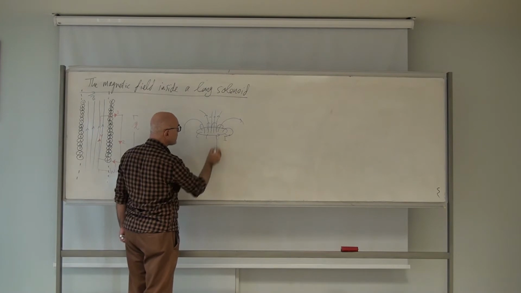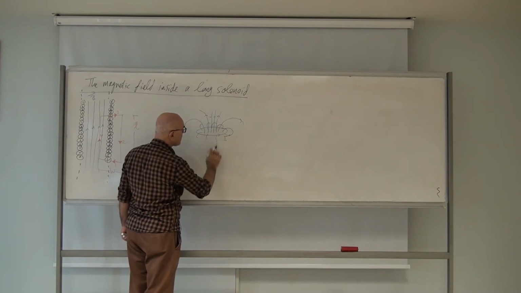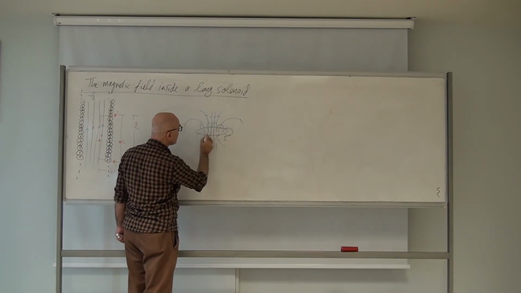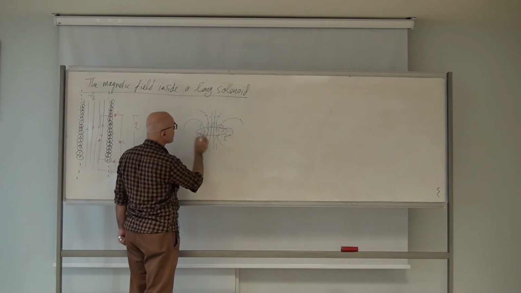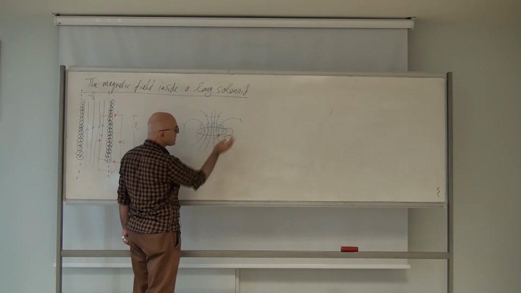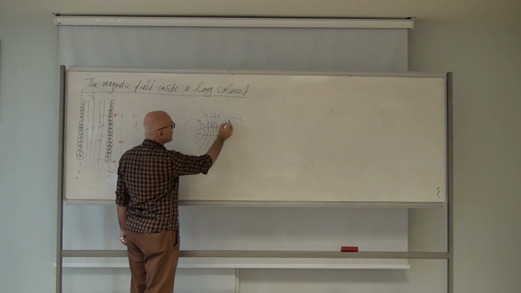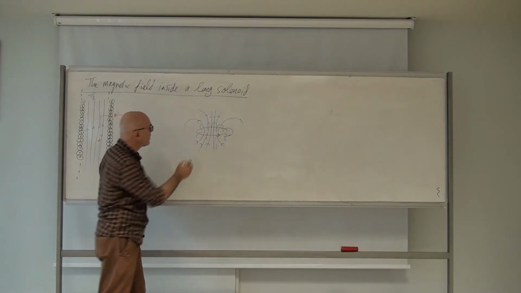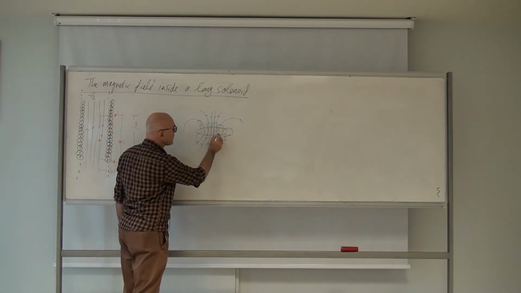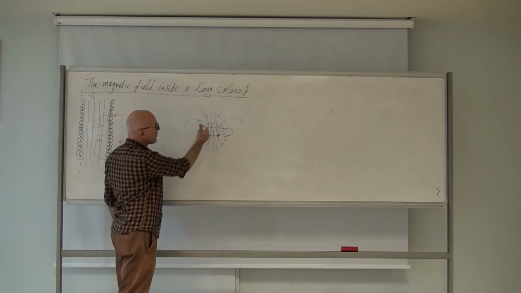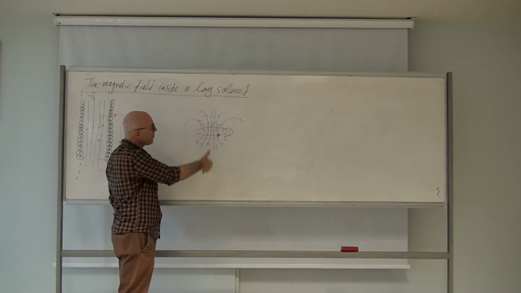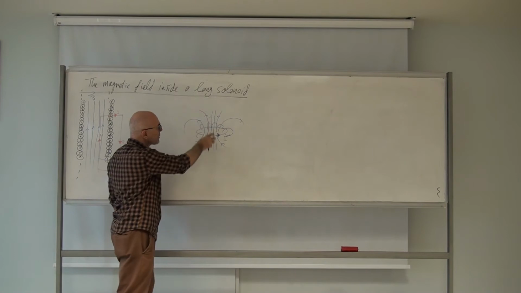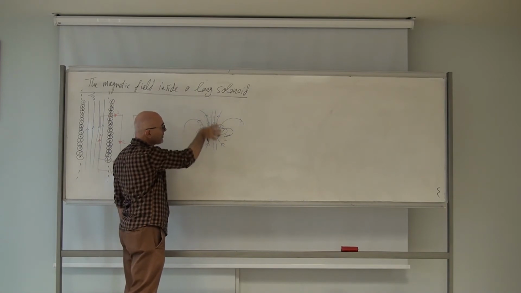And these lines are coming from here. If the current is flowing in this direction, this is the north, and the direction of the arrows on the magnetic field lines will be in this way. So the magnetic field in this region looks like this.